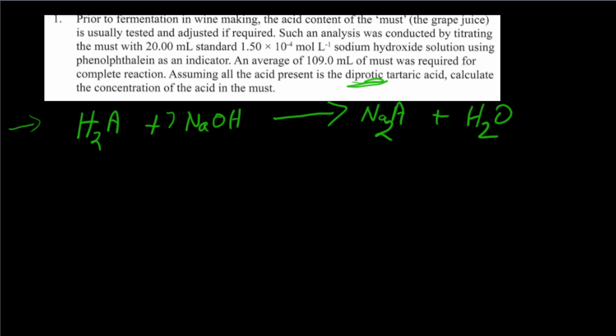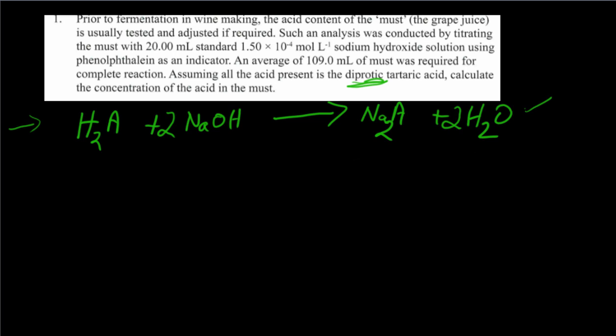So this one's going to be an easy one to fix. 2 hydroxides plus H2A is going to make 2 sodiums there. That's fixed, but still we've only got 2 hydrogens there. To make 4, we just balance it by putting a 2 in front of the water. And there is your equation done nicely.